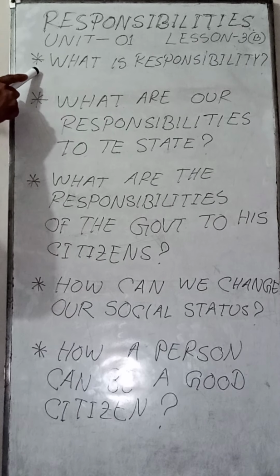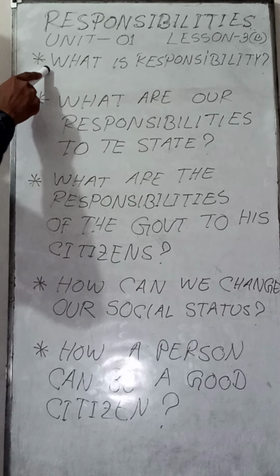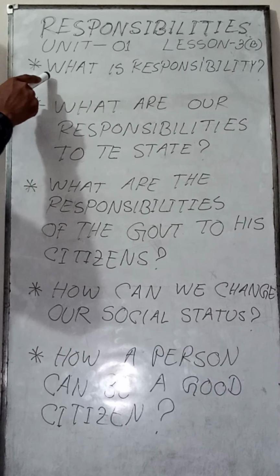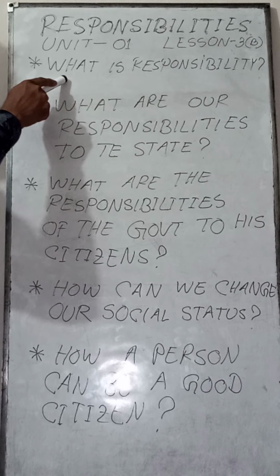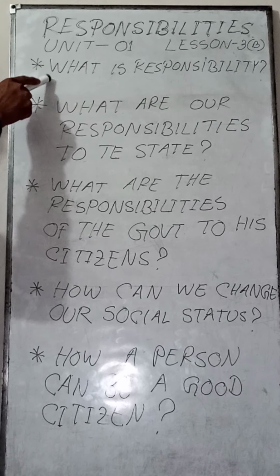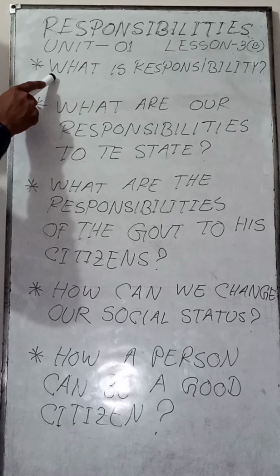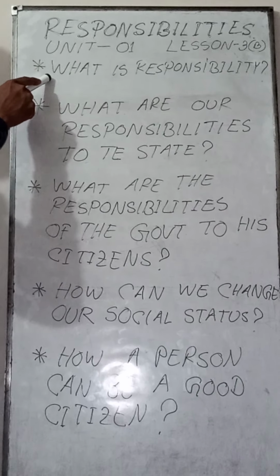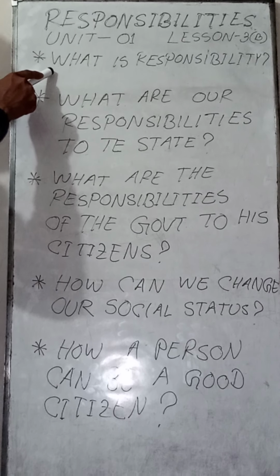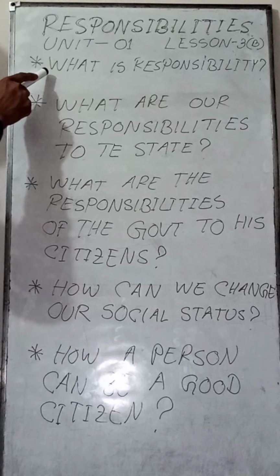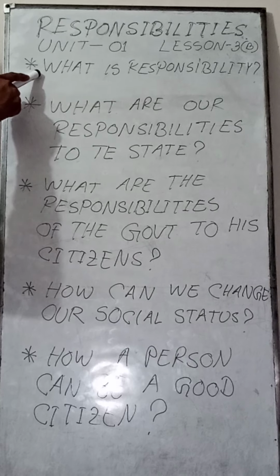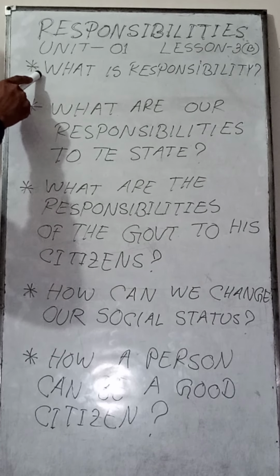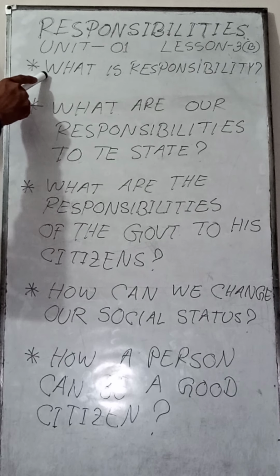Applying voting rights if anybody is 18 or above is a responsibility. Not stealing a book from a public library is a responsibility. We should not pile up building materials on the road. These are the responsibilities. I think my dear students have understood the meaning of the word responsibilities.